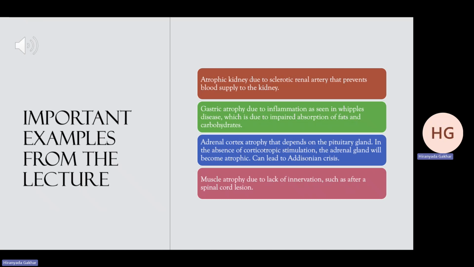This leads to an Addisonian crisis and symptoms related with the Addisonian crisis. And the fourth example is muscle atrophy, which can be related with either inactivity, or some kind of innervation issue, or a spinal cord lesion. So these 4 points you should keep in mind because they're mentioned in your lectures.